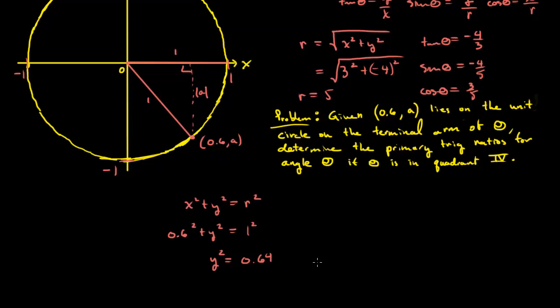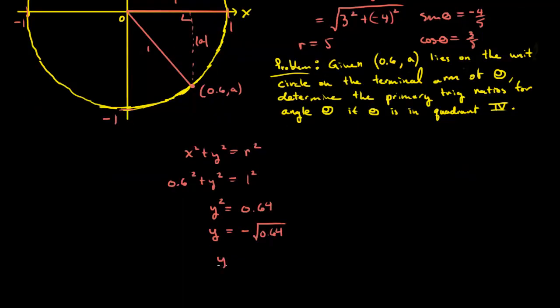But because y actually represents a coordinate, and I know that it's in quadrant 4, I'm only going to take the negative root. So y is equal to the negative root of 0.64. So y is equal to negative 0.8, and thus a is equal to negative 0.8.